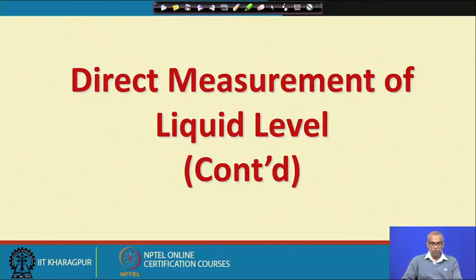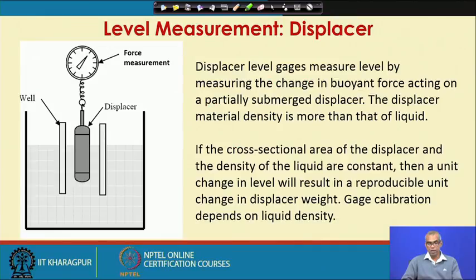So, we will first start with displacer type liquid level measurement, which comes under direct measurement of liquid level. Displacer level gauges measure level by measuring the change in buoyancy force acting on a partially submerged displacer.